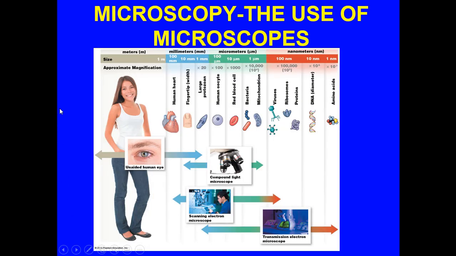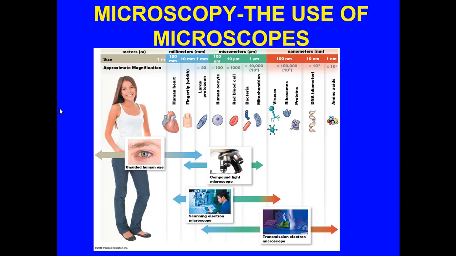Now, the thing is, we need to see tissues, and in some cases that gets into the microscopic level of structures. So we have to use microscopes. With the unaided eye, you can only go so far, maybe down to about 1 millimeter. But with a compound light microscope, you can go in the range from 10 millimeters down to about 1 micrometer, somewhere around there.